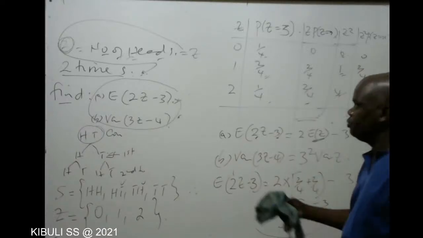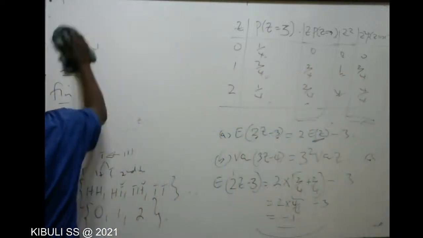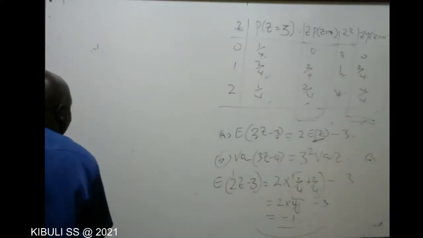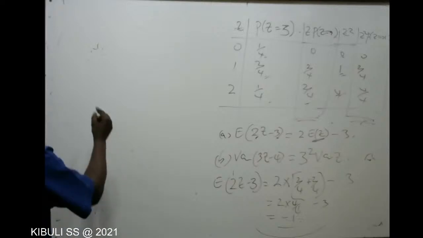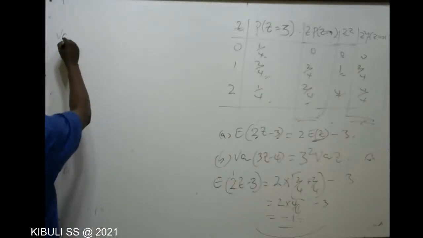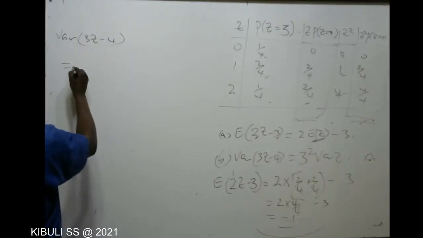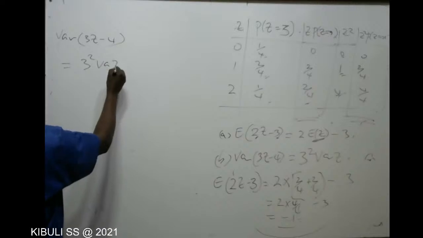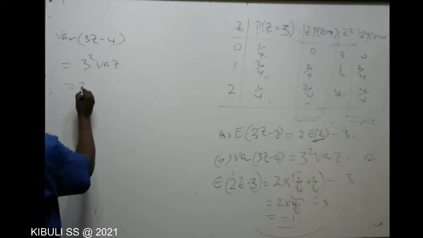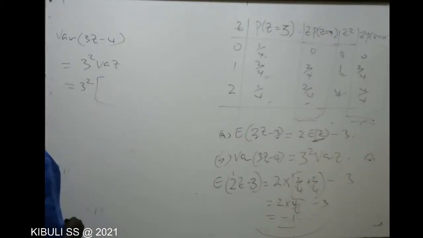Then we come to the last bit now. For the variance of 3z minus 4 of z shall be equal to 3 squared variance of what? Z. And this will be equal to 3 squared. So the question is, what's the variance of z?